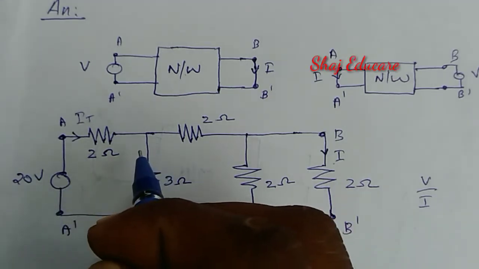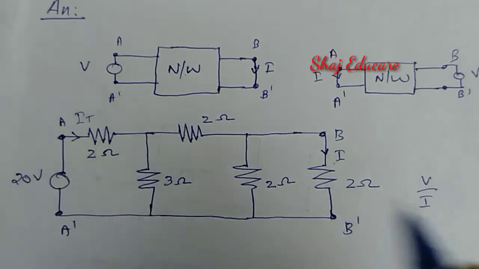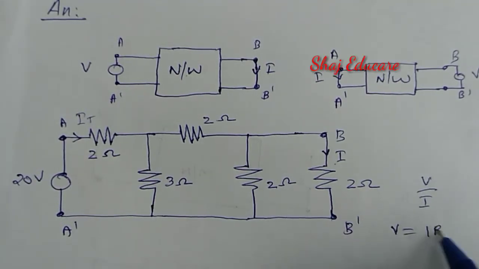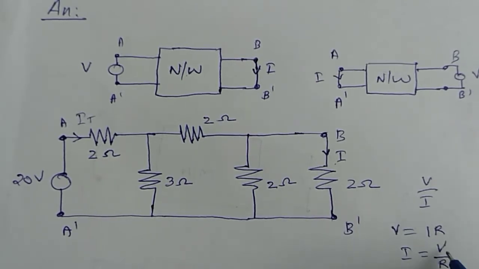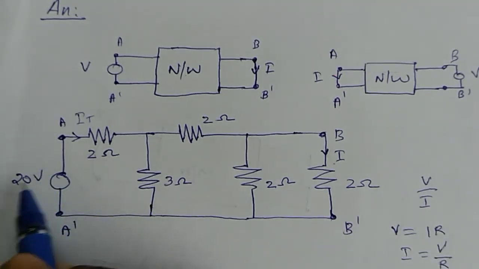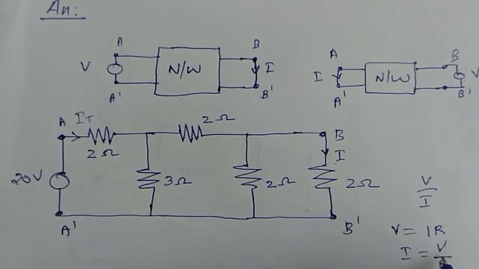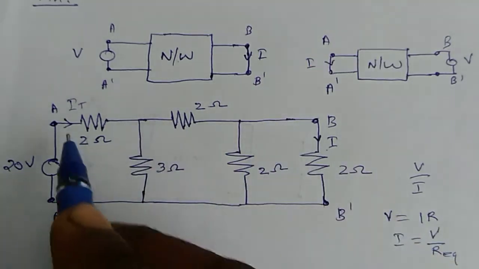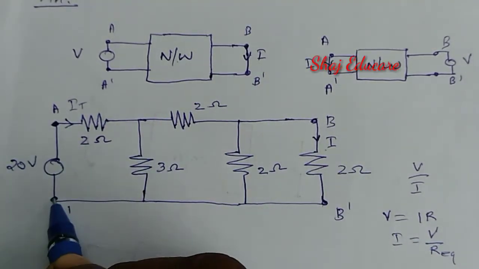How do we find that? Simply by Ohm's law, V is equal to I into R. Then current will be the ratio between potential difference and the total resistance. The potential difference V is equal to 20 volt. R will be the equivalent resistance seen at A dash.